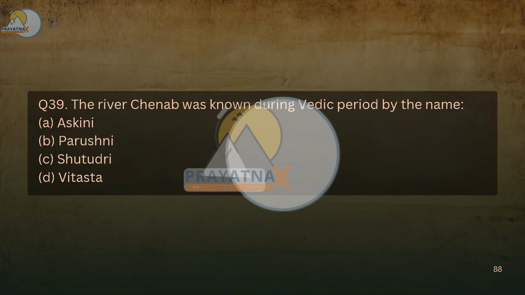Moving on. The river Chenab was known during the Vedic period by the name Asikni, Parushni, Shutudri, or Vidastha. Now, the river Chenab was also known as Chandrabhaga, and also as Asikni or Iskmati.